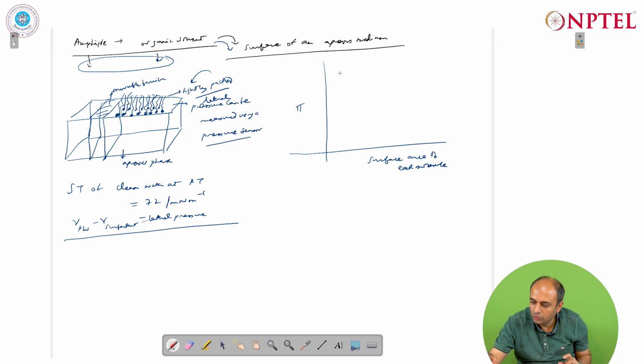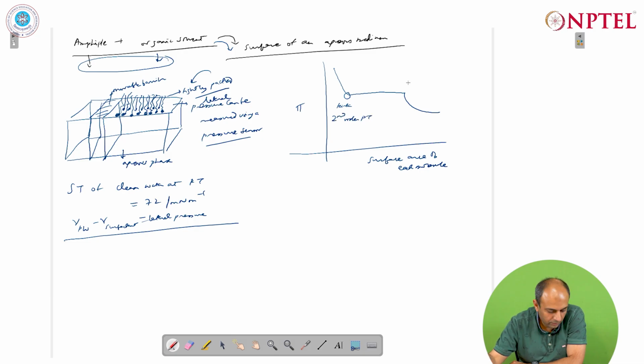and this gives rise to this kind of a curve, and this kink characterizes a second order phase transition, and a finite discontinuity characterizes a first order phase transition, and this is the coexistence region.